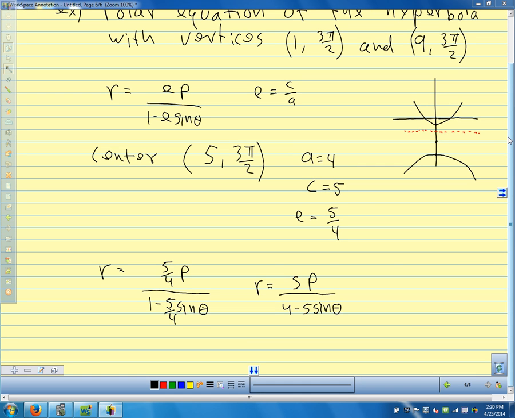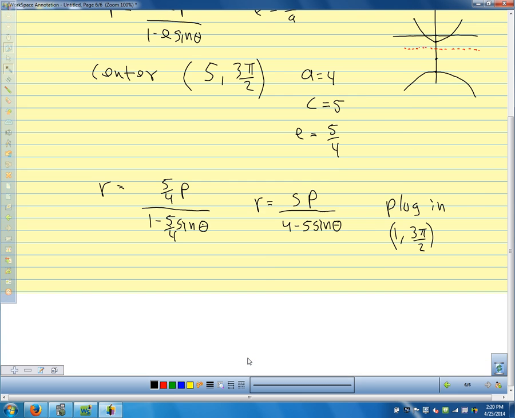Now we need to find P. How can we find P? Plug in one of the points. We know these points are on our hyperbola. This is an R and this is a theta. So we're going to plug in 1, 3 pi over 2, because that's nice and easy to work with. So we get that 1 equals 5P over 4 minus 5 sine 3 pi over 2.